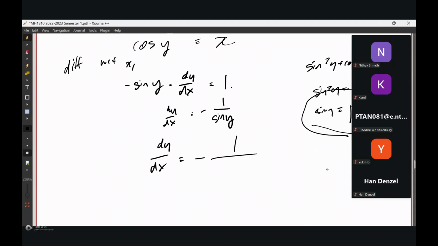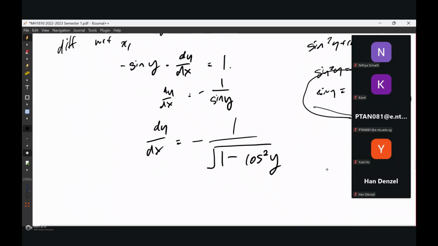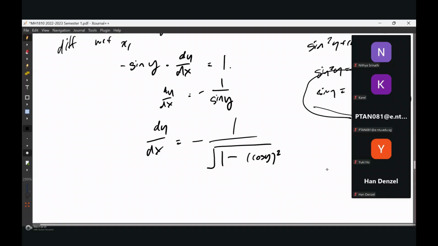Negative 1 over the square root of 1 minus cosine squared y, where cosine squared y is the same as cosine y squared.